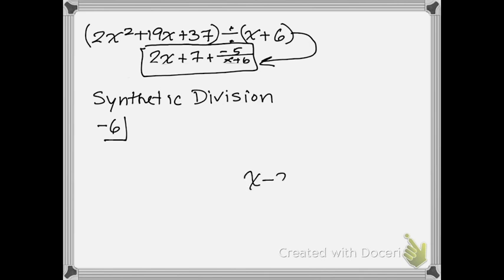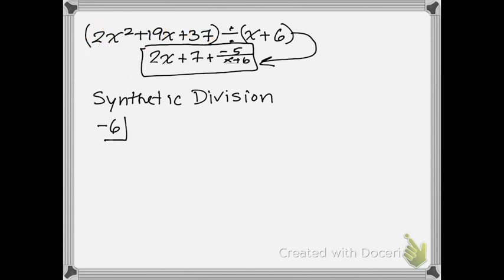So understand how the box works based upon the divisor, x minus a number or x plus a number. Essentially the opposite, right? Then I'm going to look at the dividend, and I'm looking at just the coefficients. Here, 2, 19, and 37, and I'm going to list those next to the box.